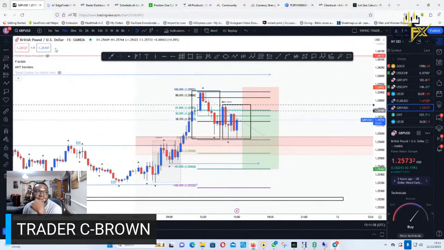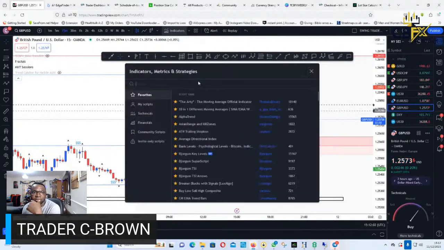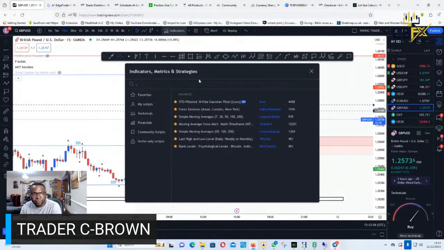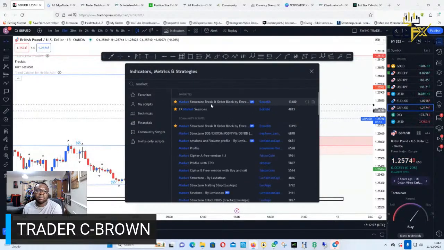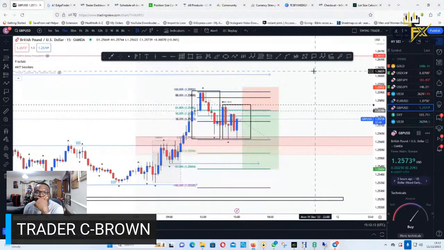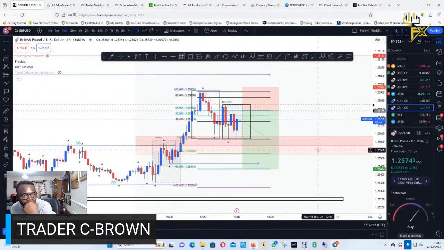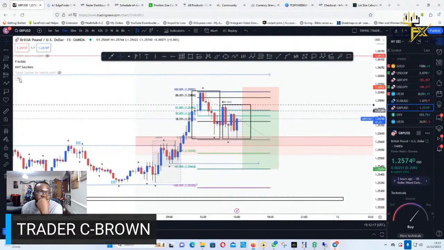Go to its indicator. It's free. It's the Market Sessions, this one, by Vertical. So you'll be able to get that. That's what I use.